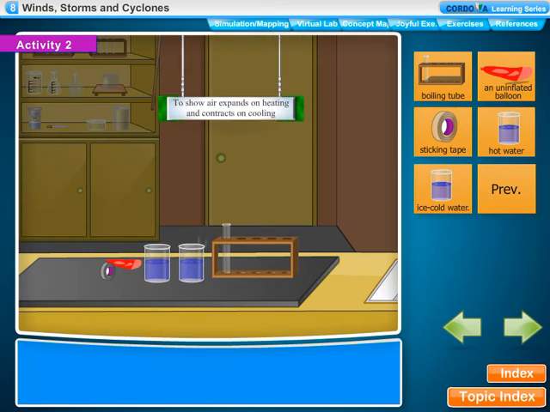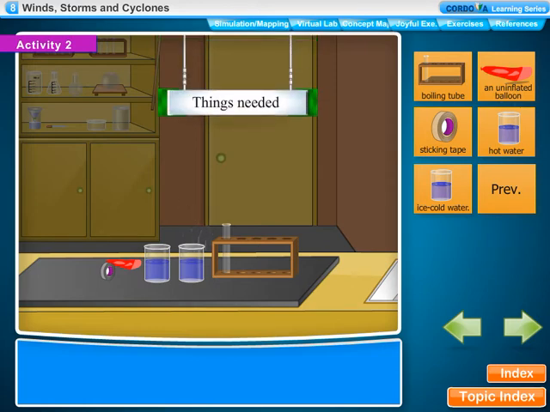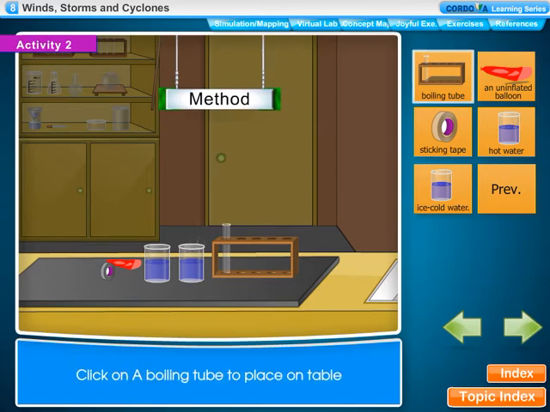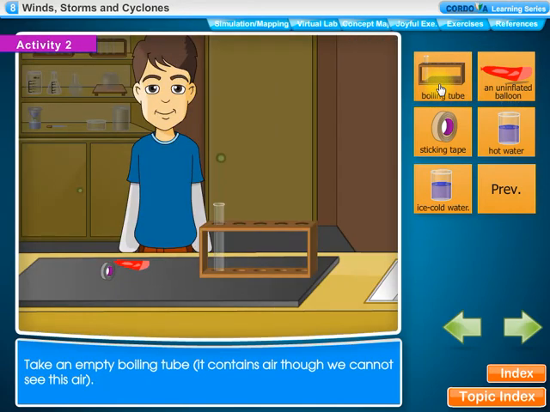Activity 2. To show air expands on heating and contracts on cooling. Things needed: a boiling tube, an uninflated balloon, 2 beakers, hot water, sticking tape, ice-cold water. Method: we take an empty boiling tube.